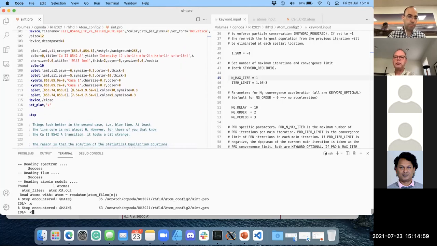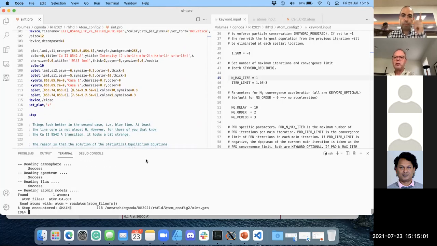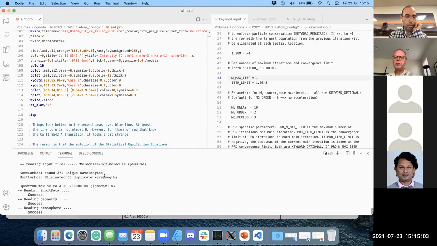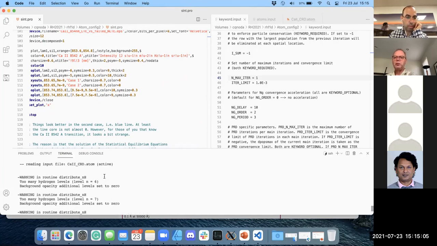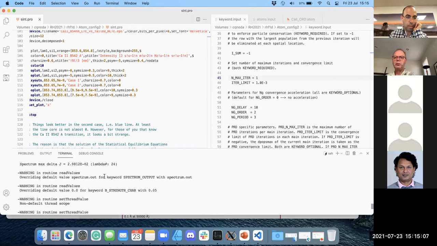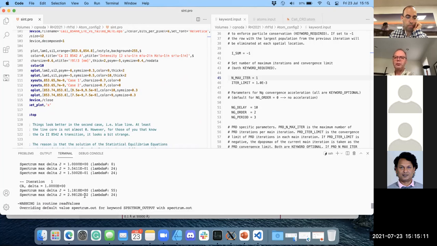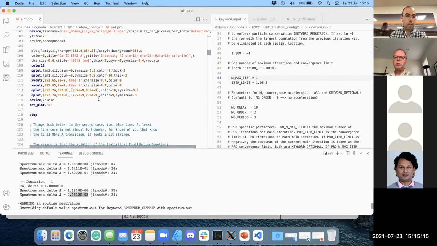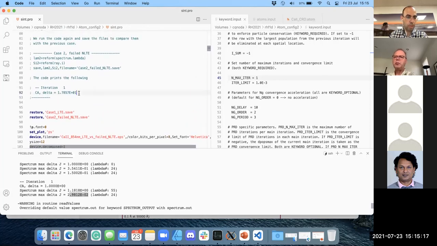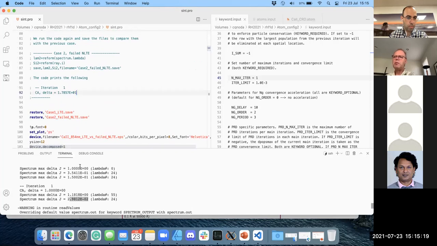Okay, so if we run with one iteration, you can see that again the code is writing a lot of things, but now it's writing iteration 1 and it's giving you some information. Okay, so then what I had from the previous case was this one.